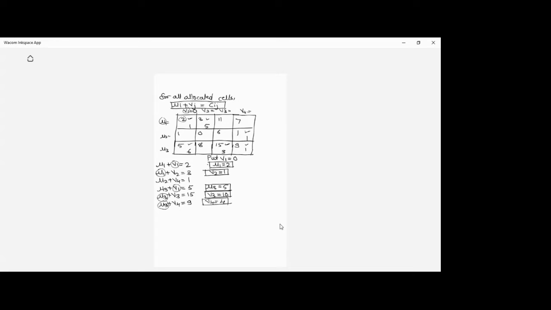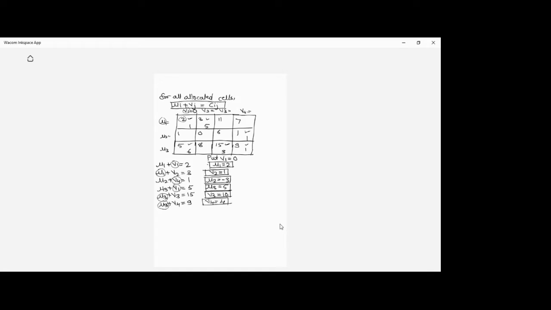Now that I have got the V4 value, I can put the V4 value in this equation and find out the value of U2. So the U2 value will be 1 minus 4, that will be minus 3, right? So I'll be getting the value of U2 as minus 3.